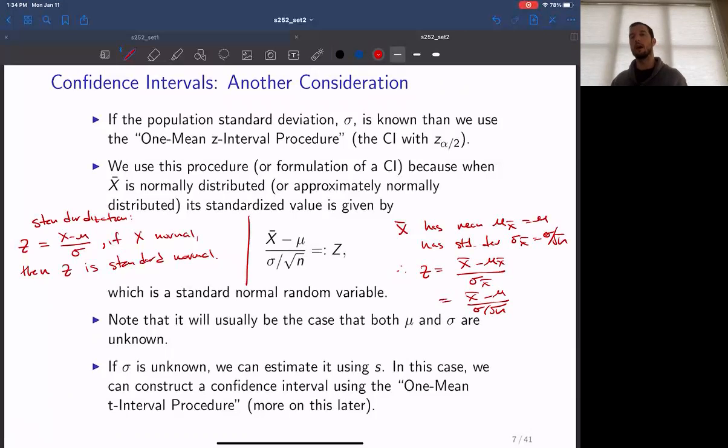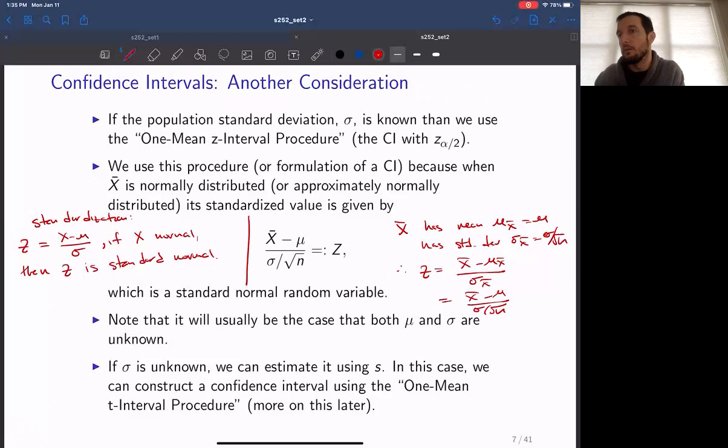Okay. Now, if sigma is unknown, we simply replace sigma with little s, which is the sample standard deviation. The result is that when you standardize, you no longer have a z-score, but what is called a student's t random variable. What you're actually doing is called studentizing.